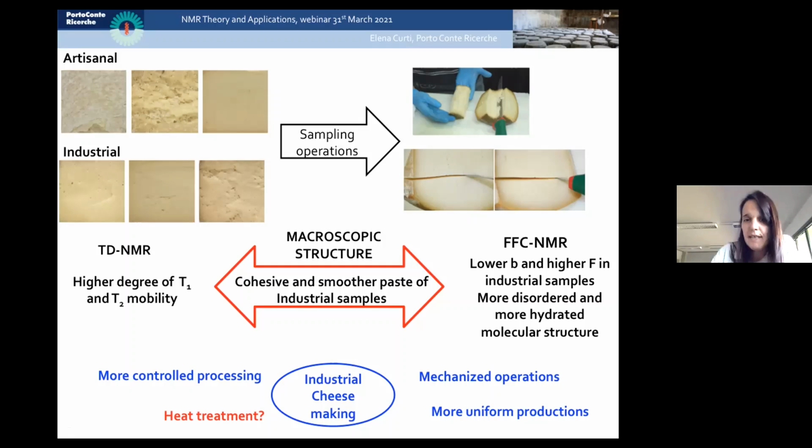We can mechanize the operations, and of course we get a more uniform production that has in some way lost its peculiarity. And of course, we could not exclude that in such productions, maybe heat treatment was applied to the cheese, and that this was reflected in the final cheese features.